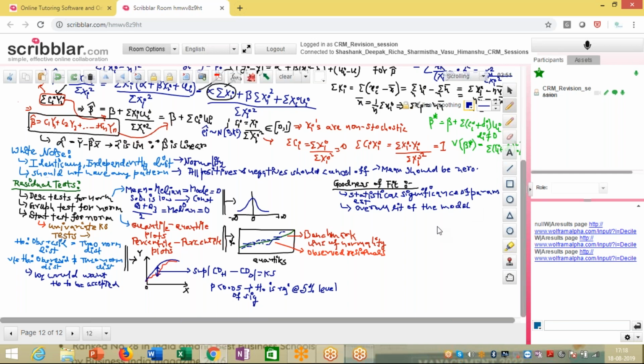To assess the statistical significance of each of the parameters, we will be talking about the t-test.